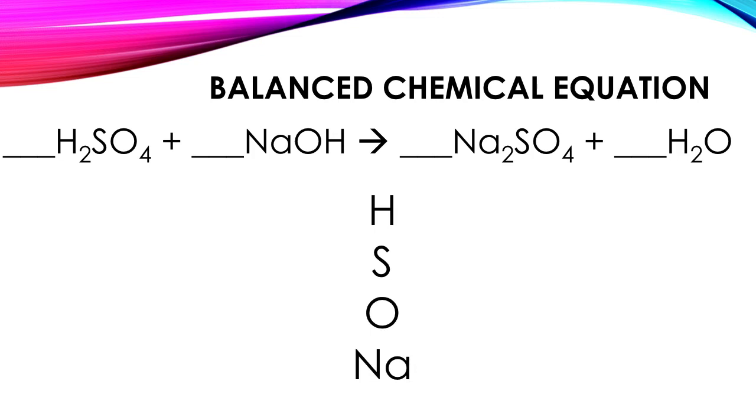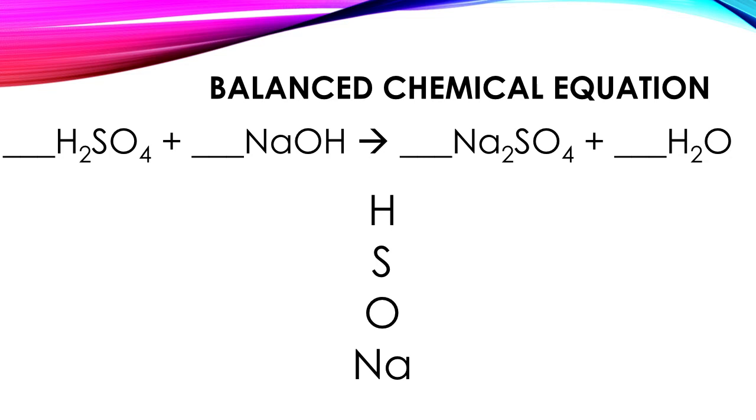But the way scoreboard starts is I list either each atom or sometimes in class I'll show you that I will use polyatomic ions also. But in this case, I'm just going to stick with elements, list the individual elements. Depending on where you look, some places like to list the elements for the reactants and for the products. I prefer to list them right under the arrow.